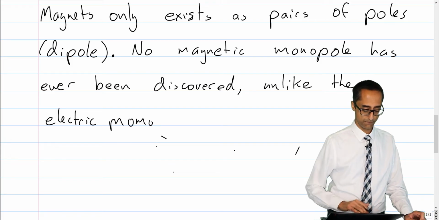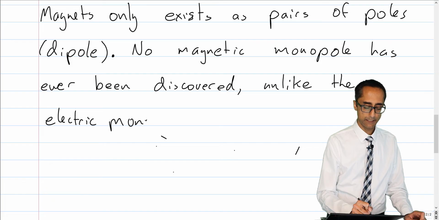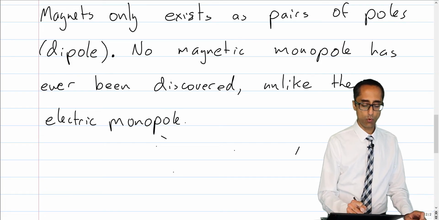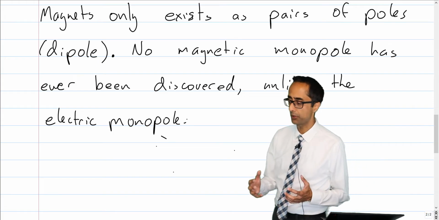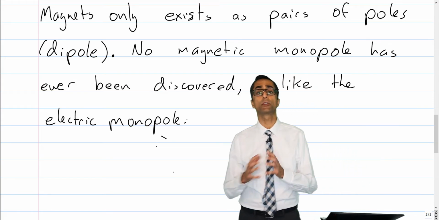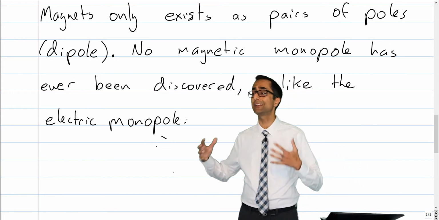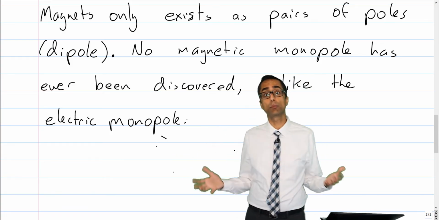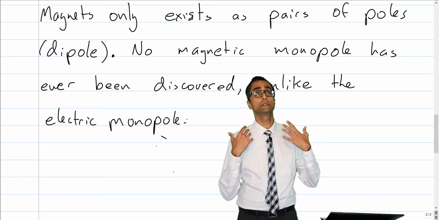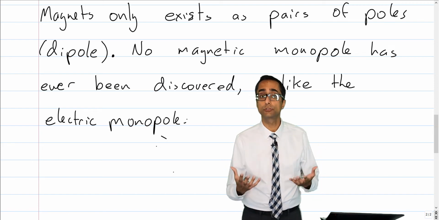Okay, so that gives us just a very, very brief introduction. And naturally what we'd want to do now is to start to talk about properties that will help us to calculate and measure magnetism. And the natural thing that you're probably thinking of is force.